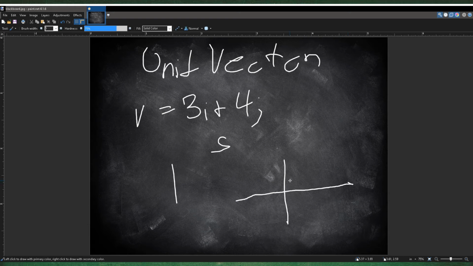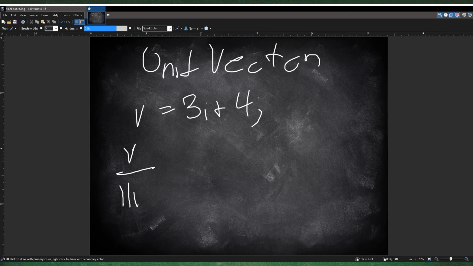So how would that look? We have 3i plus 4j, which looks like this, right? But now we just want it like this, because this is magnitude 5 when you want magnitude 1. So basically, there's a really easy formula to do this. It's just v divided by the magnitude of v. The magnitude is represented by two vertical lines, then the vector, and then two more vertical lines.